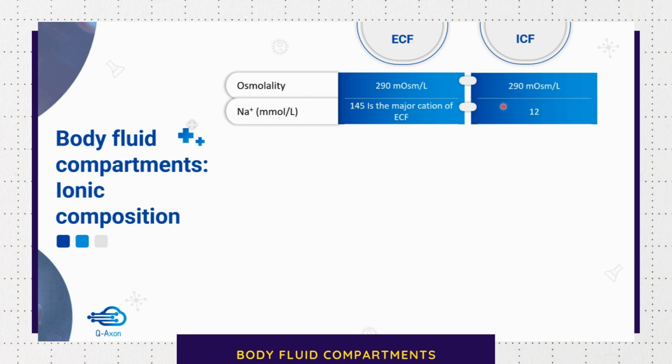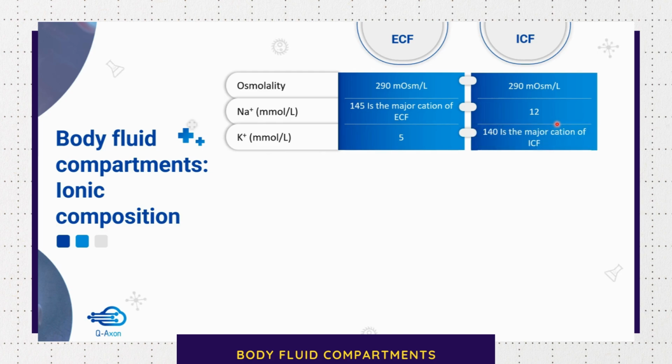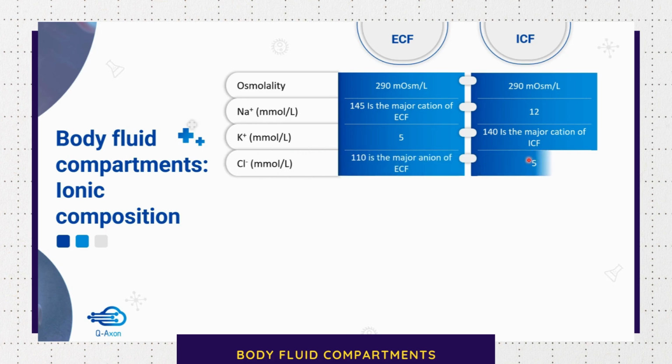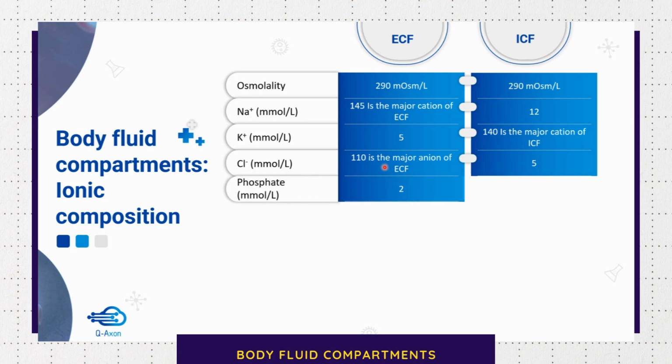Then sodium. Sodium is a major cation of extracellular fluid. So the concentration here is 145 millimoles per liter, while in ICF it is only 12 millimoles per liter. Potassium, on the other hand, is the major cation of intracellular fluid. Then chloride. Chloride is the major anion of extracellular fluid with a concentration of 110 millimoles per liter.